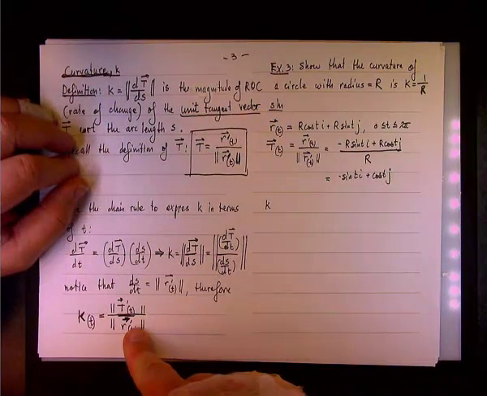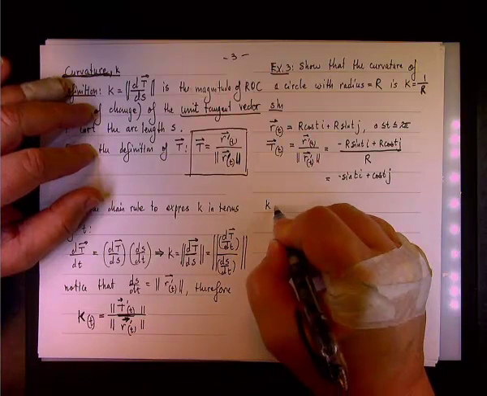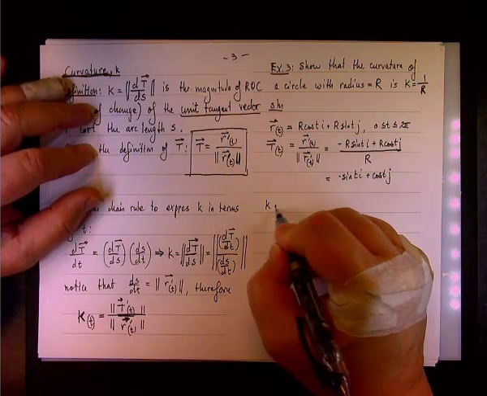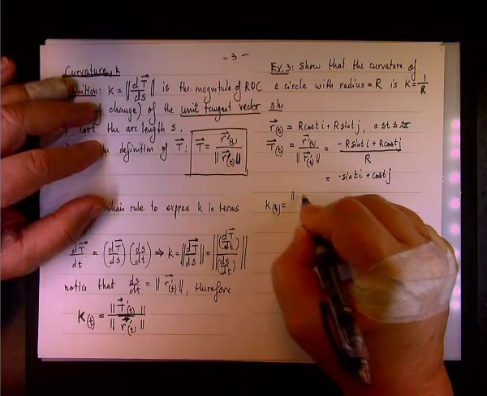So what is k? Well, k, again, is defined as the magnitude of T prime divided by the magnitude of R prime.